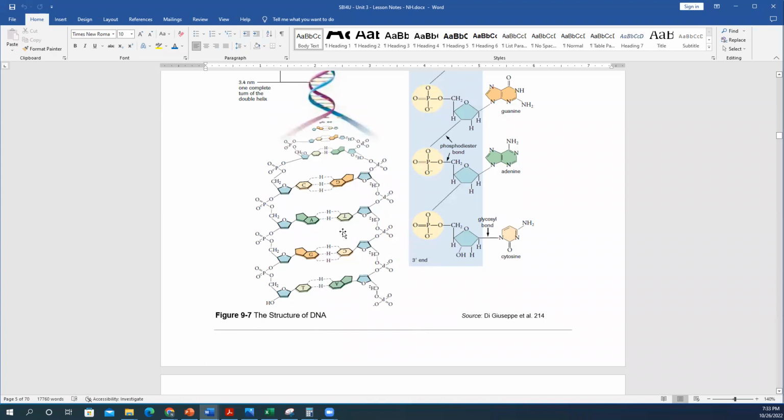And to note here, A's and T's always bind with each other, G and C always bind together. And guanine and cytosine always have 3 hydrogen bonds, making the bonds between C's and G's much stronger than between A's and T's, which only have 2 hydrogen bonds.